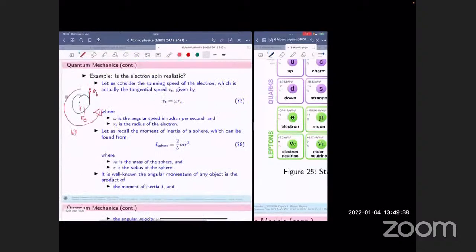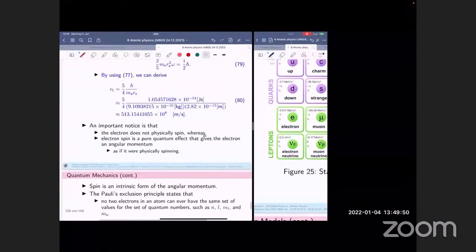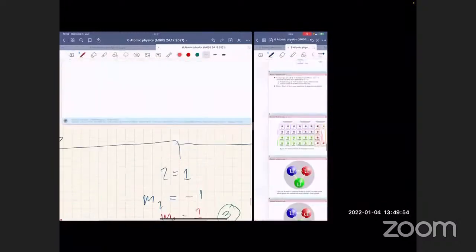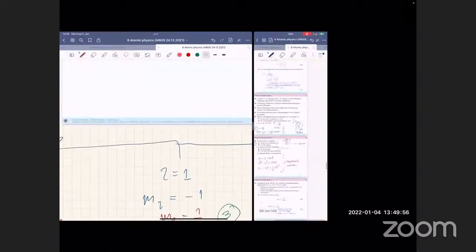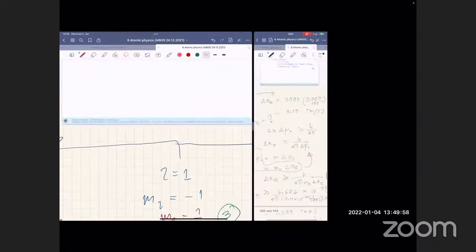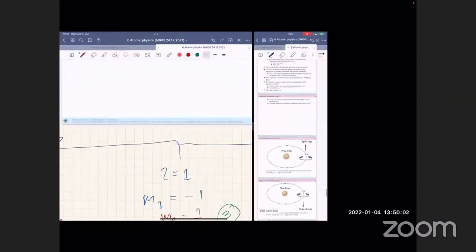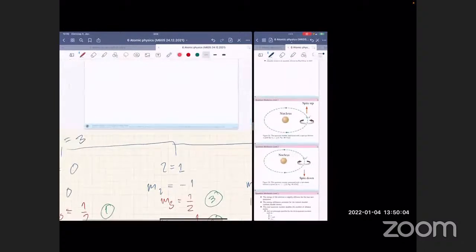So it means that the electron doesn't actually rotate around itself. This understanding is not correct at all. But what is the reason they say the electron rotates itself according to this figure, with spin up and spin down?